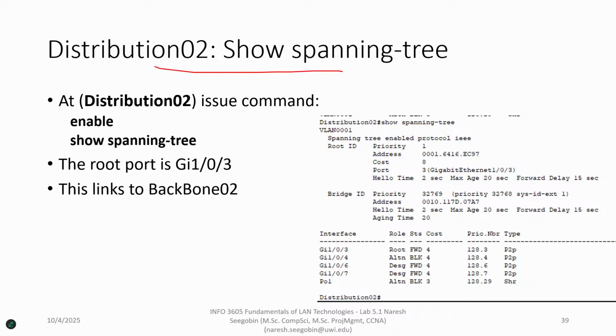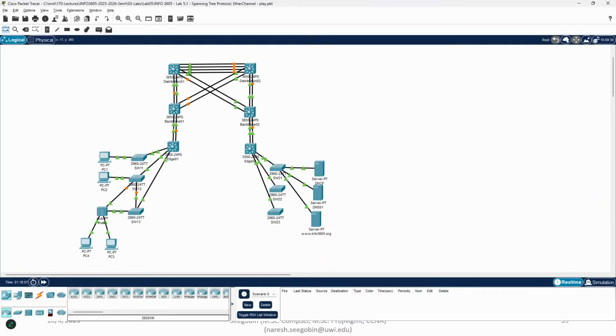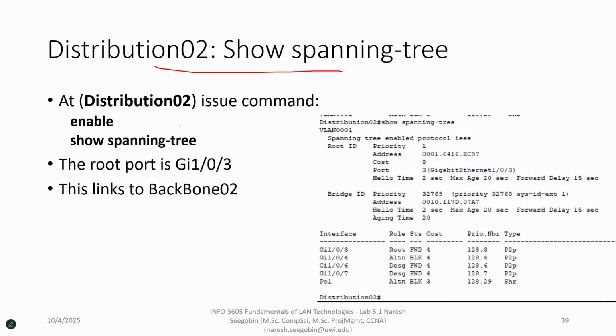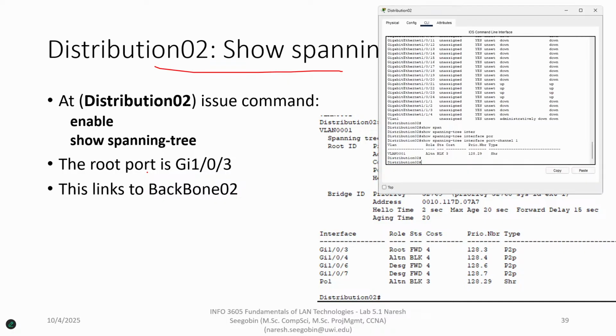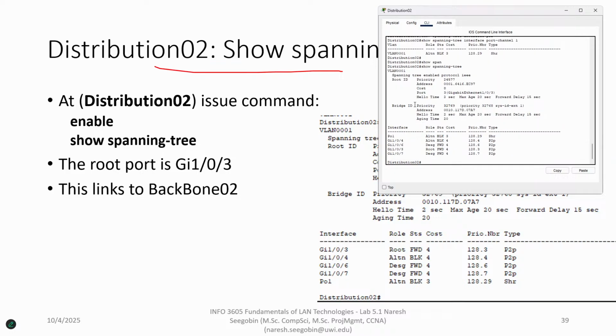Right, so distribution, it should show spanning tree. We're doing some troubleshooting here. It's not meeting up with what we expect to happen. So the command is enable, show spanning-tree. We're looking to see what's supposed to be where.